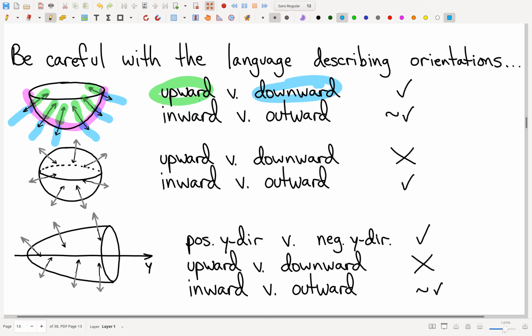Now, the problem, what a lot of people will be uncomfortable with about this language to describe these orientations, is that these green vectors are not all pointing straight up. They are mostly not pointing directly upward. So if I say upward, that's sloppy. It's just not exactly right. But you've got to keep in mind, the job that this language is trying to address is merely to distinguish between two possibilities.